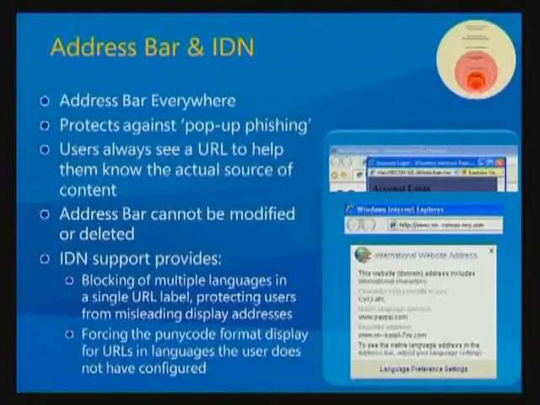The reason we thought about that was the non-Roman language character sets like Arabic, Cyrillic, Greek, etc. Those are pretty easy to see the differences, but it's very easy to craft a lowercase character or sometimes an uppercase character in a non-English language and make the user believe they're on a site that they're not. And by putting the IDN controls in there, we prevent the user from being exploited.